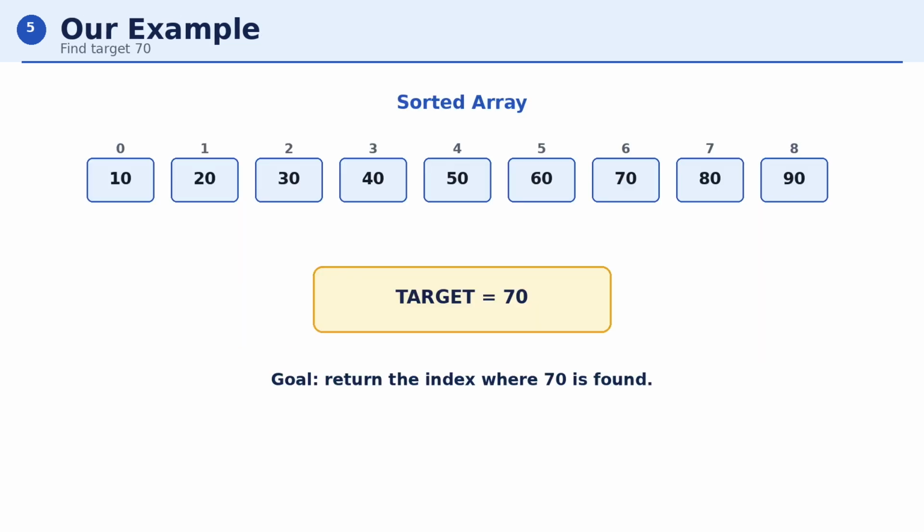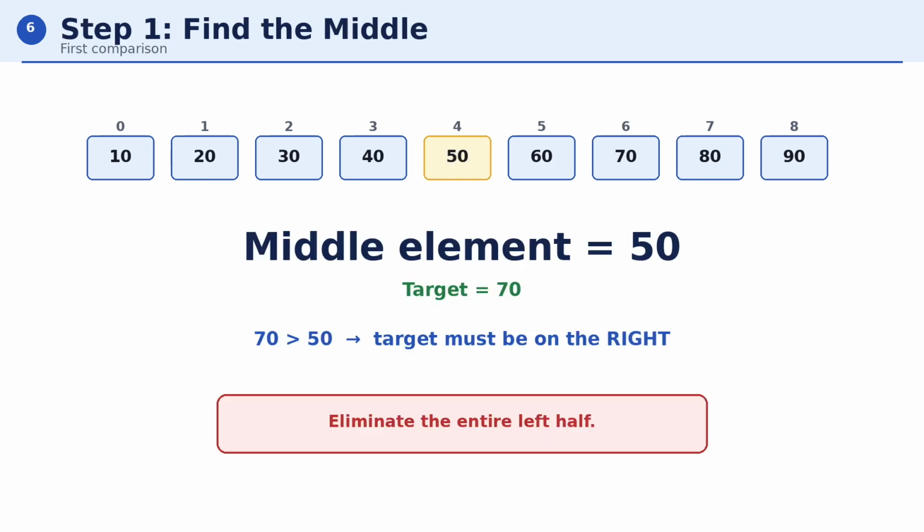Let's understand the algorithm with a complete example. We have a sorted array containing 10, 20, 30 till 90 and our target is 70. Our job is to find where 70 is located. Instead of starting from 10, we are going to start from the middle. Let's see what happens. Our first step is to find the middle element.